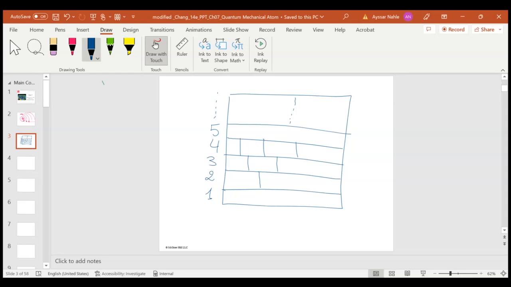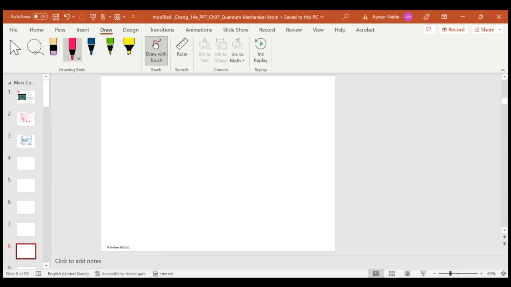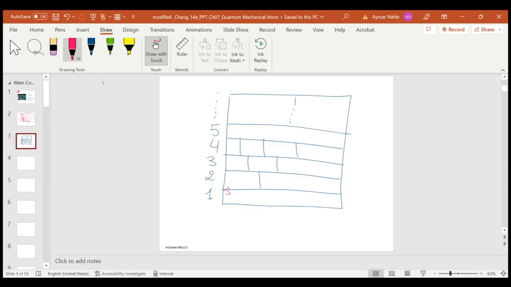Is it okay? Yeah. Now, if you go to floor number 1 and get out from the left, you will see a door on the outside, and this door is labeled as S, room S. If I go to the second floor, I can get out from the left, and I see 1 room and the second room.